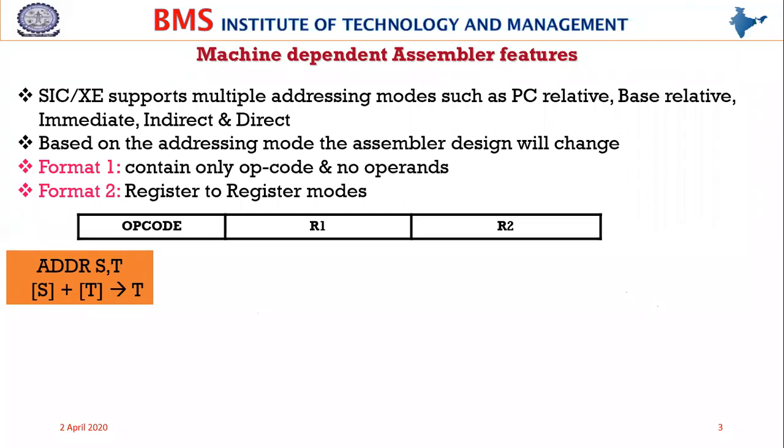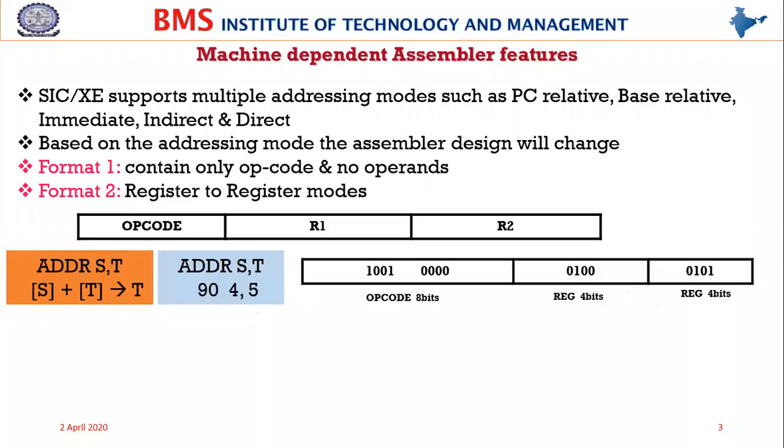But anyway, we are only supposed to represent 9 registers. We shall see the assembly of one such register-to-register instruction. Here we have ADDR, the addition operation with register to register. We are telling it to add the contents of the S register with the contents of the T register.